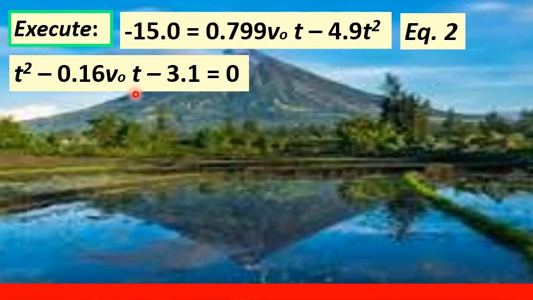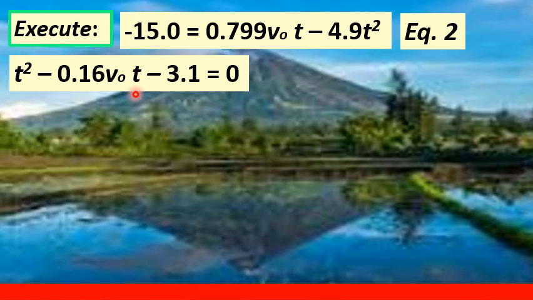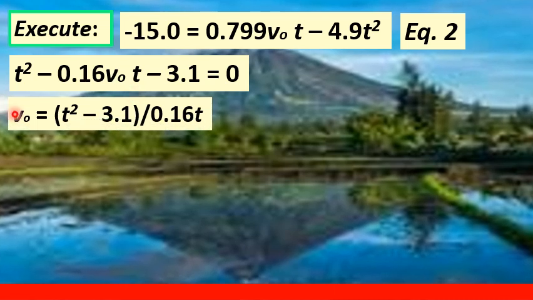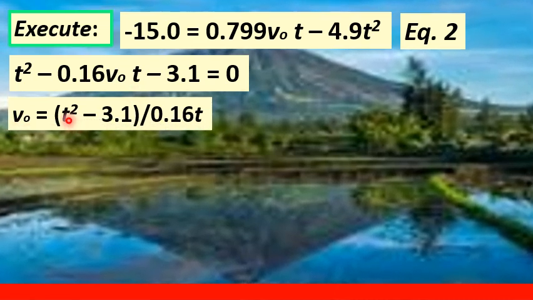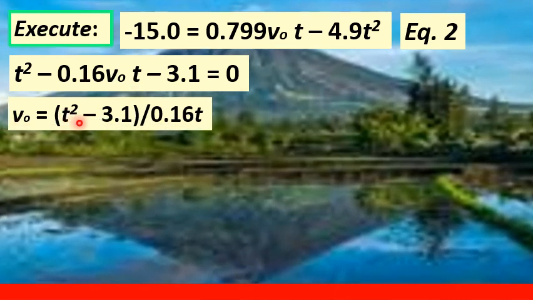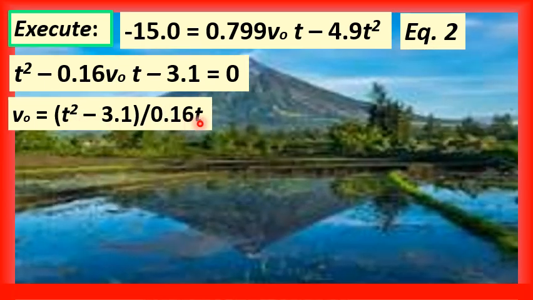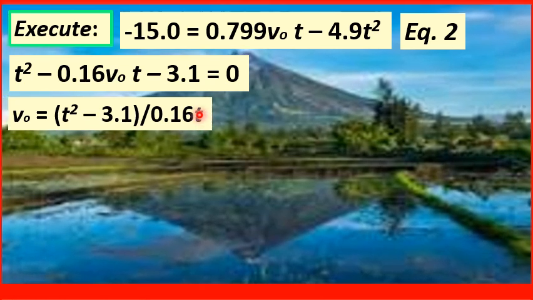And isolating v naught, we will get v naught equals quantity t squared minus 3.1 all over 0.16 times the time t.